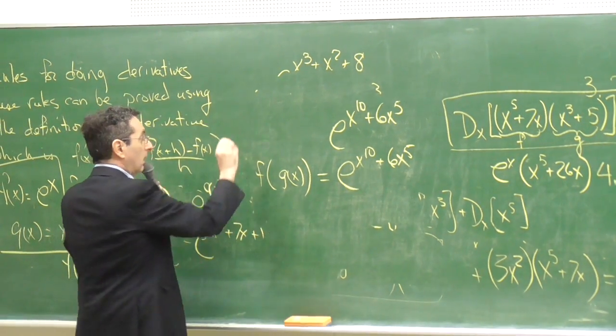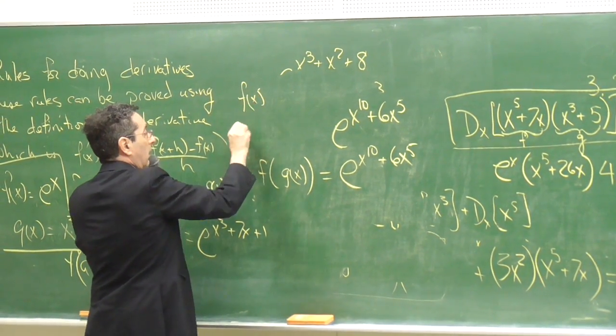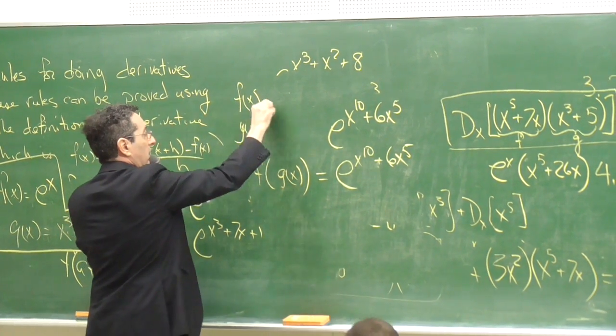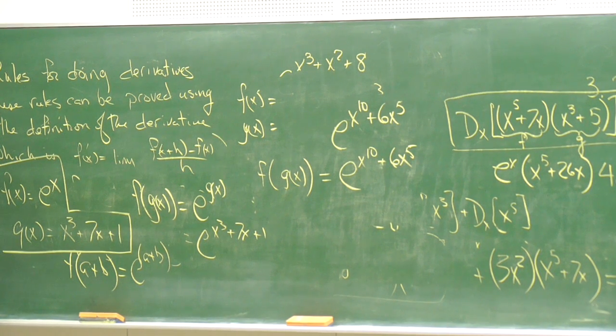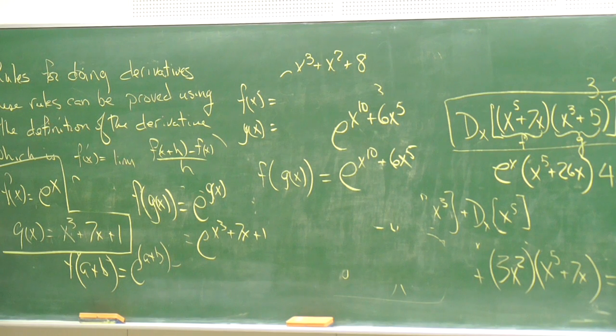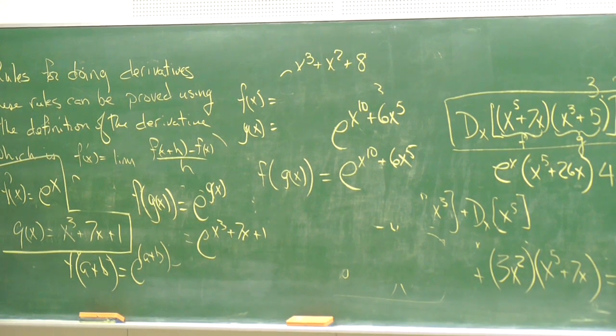I want to find f and g. I want to find the outside function and the inside function. Now, you can go back and look at the previous example to help you get through it. So what would the outside function be? E to the x, right?